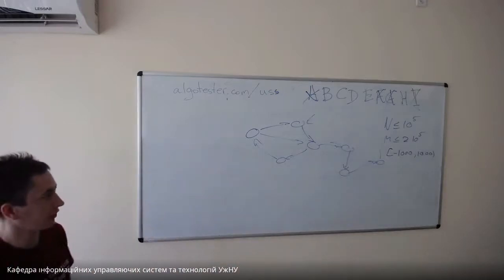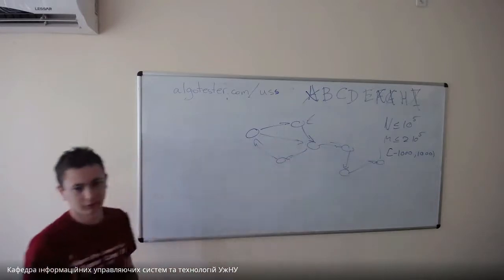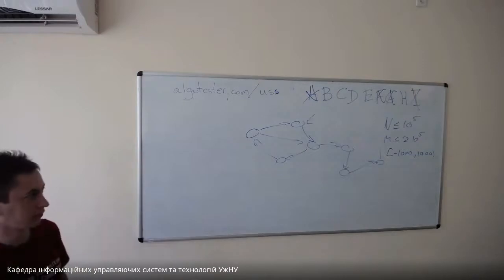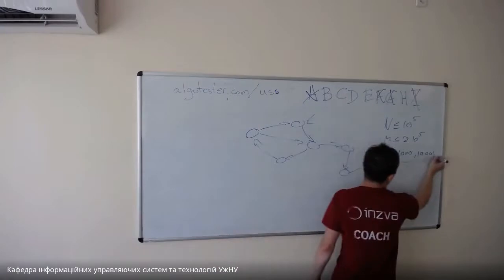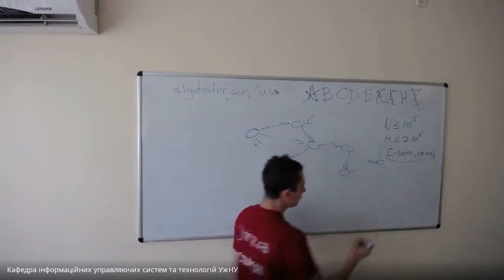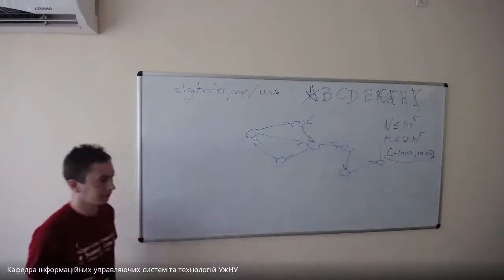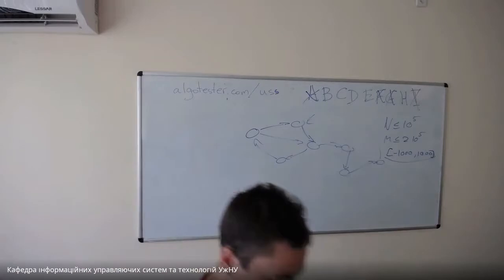And the condition was that on each cycle, the sum of the weights of edges should be equal to 0. Okay, so that was the statement. We had to assign weights to edges from this range so that there are no zeros, and the sum on each cycle is equal to 0. And we had just to output them.